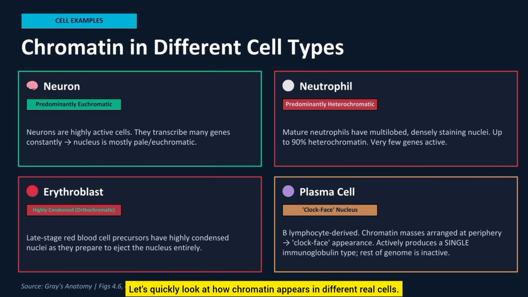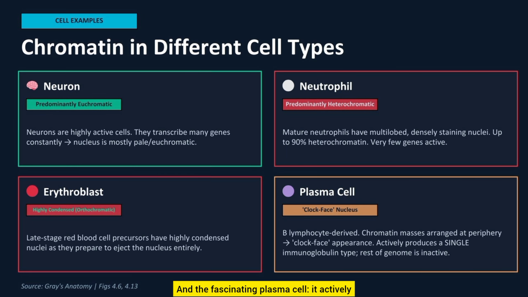Let's quickly look at how chromatin appears in different real cells. Neurons: predominantly euchromatic, pale nucleus, very active transcription. Mature neutrophils: multilobed, densely staining nucleus, up to 90% heterochromatin, very few genes active. Orthochromatic erythroblasts: late red blood cell precursors, highly condensed nucleus, preparing to eject it completely.